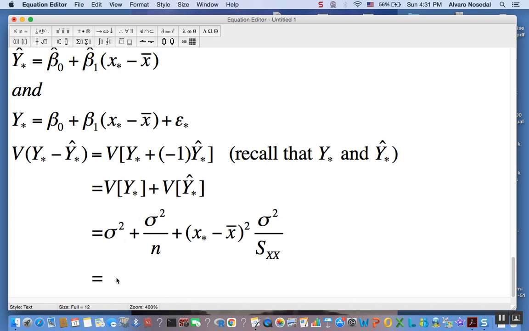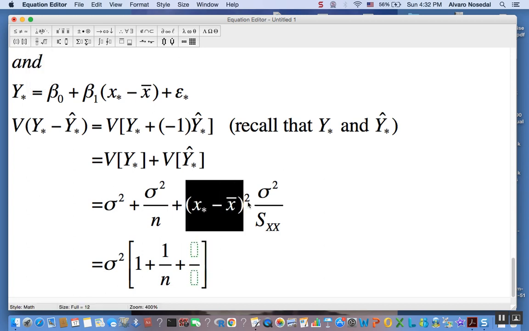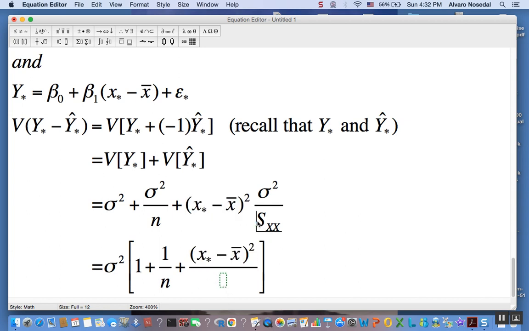So what we have here is just sigma square times 1 plus 1 over n plus x star minus x bar squared, this guy here, divided by sxx.